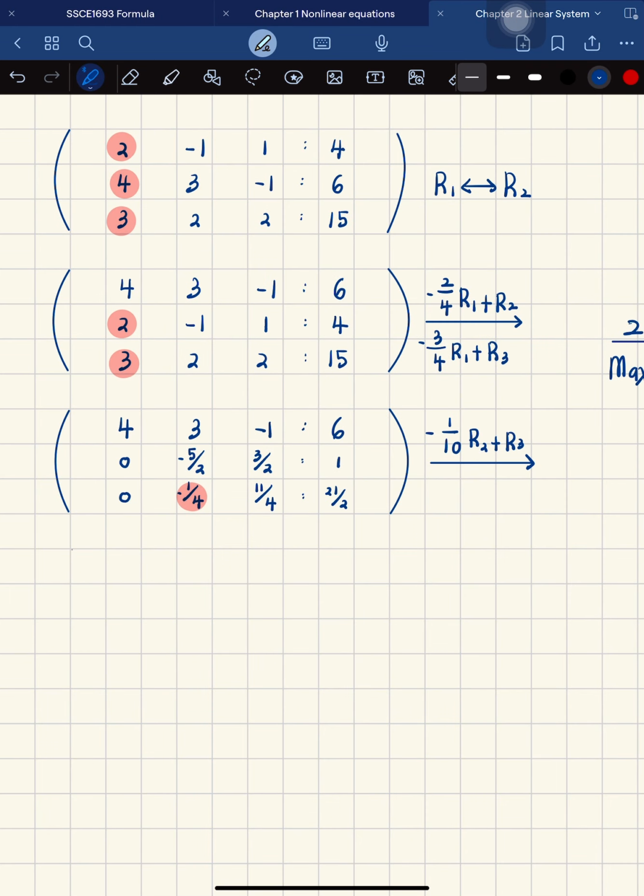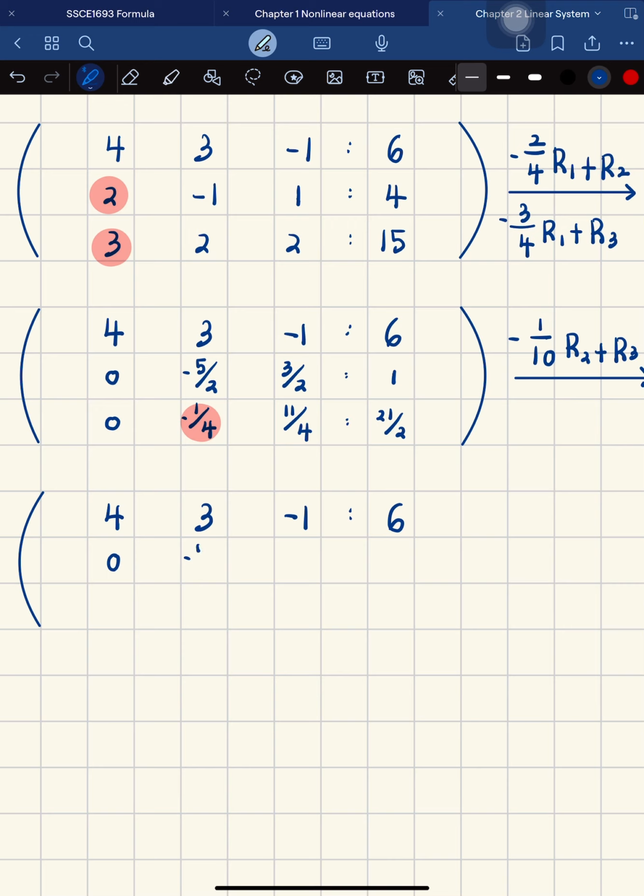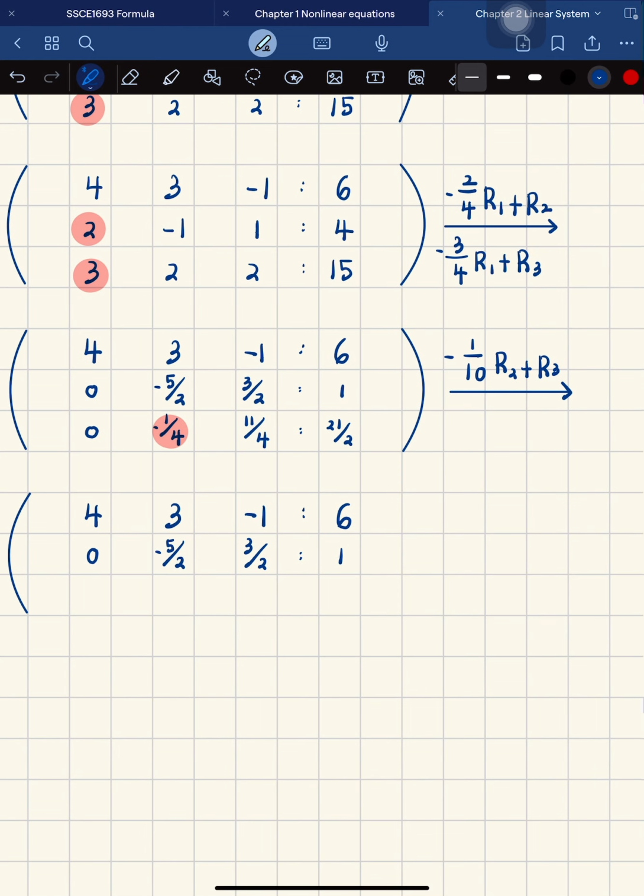Okay, right. So row number 1 and 2, you have to write back. 1 over 10 times 0 obviously equal to 0 plus 0 equal to 0. So negative 1 over 10 multiply with negative 2.5 plus negative 0.25, the answer will be 0.